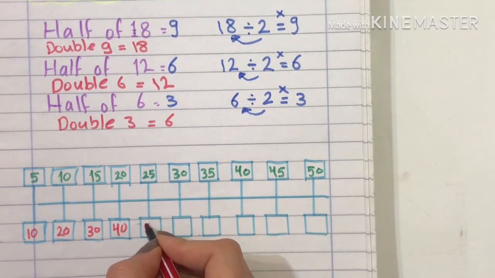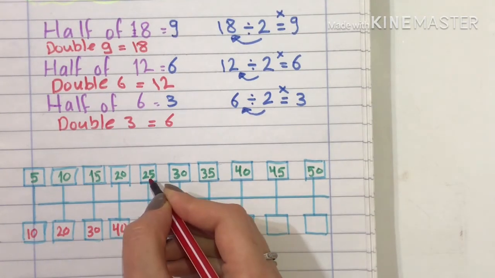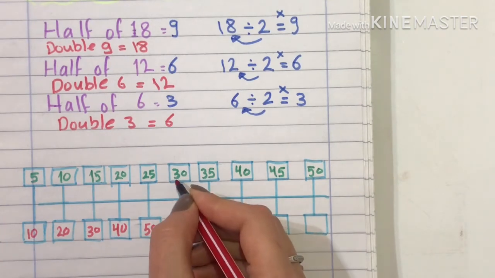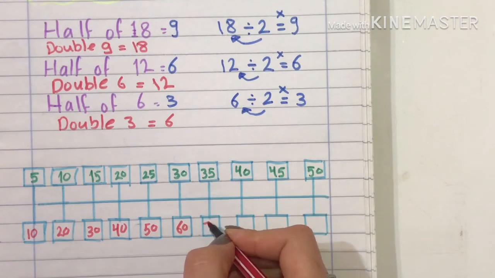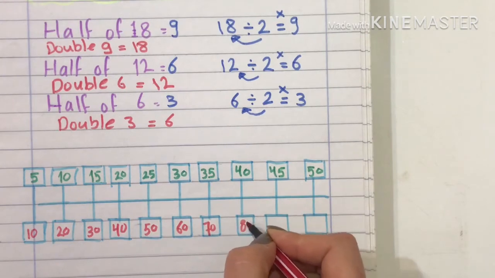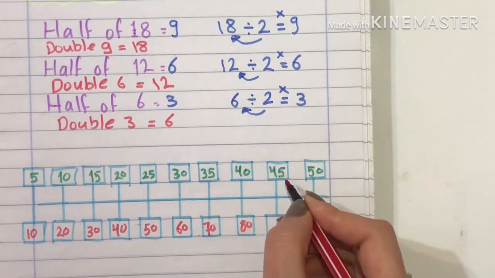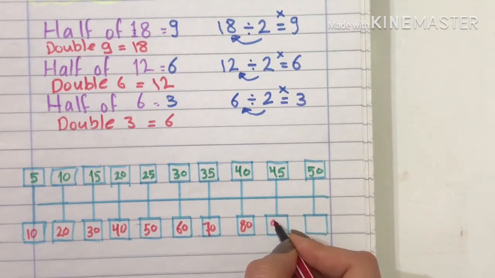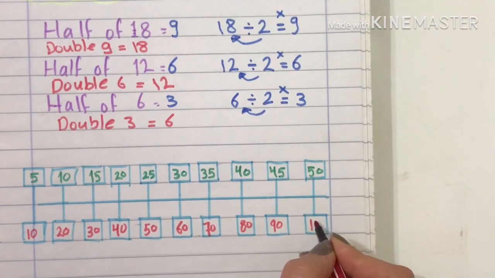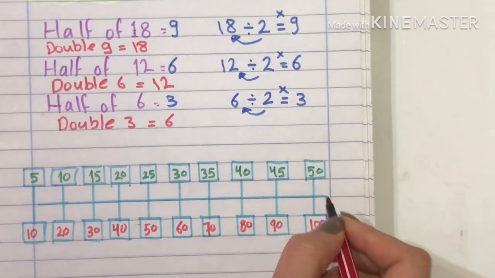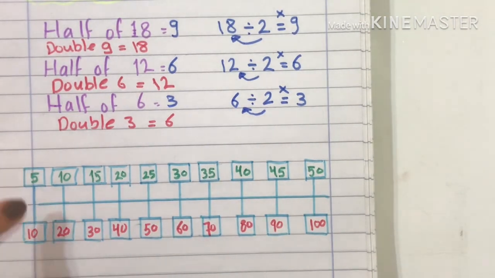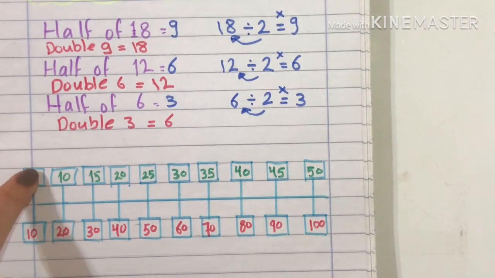Double 25 is 50, and half 50 is 25. Double 30 is 60, half 60 is 30. Double 35 is 70, and half 70 is 35. Double 40 is 80, and half 80 is 40. Double 45, 90, and half 90 is 45. Double 50 is 100, and half 100 is 50. So this is how the process goes. This way you double, and getting back is you half.